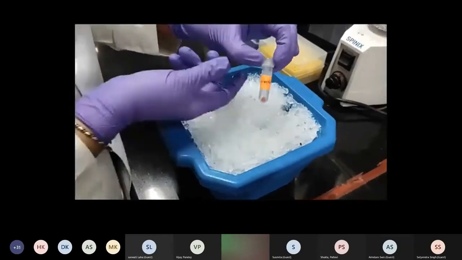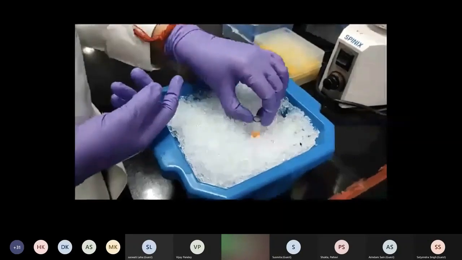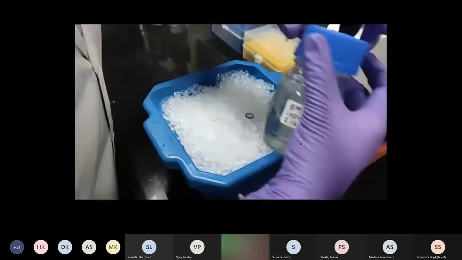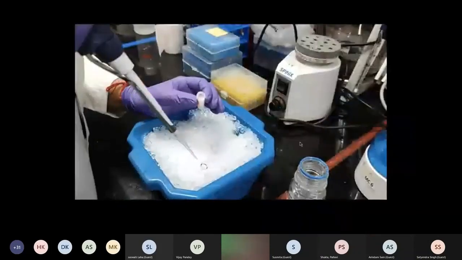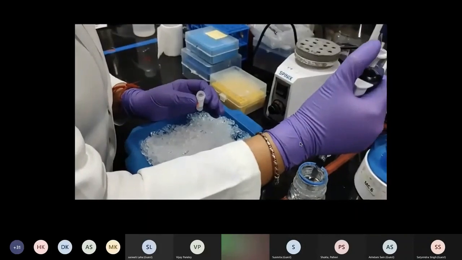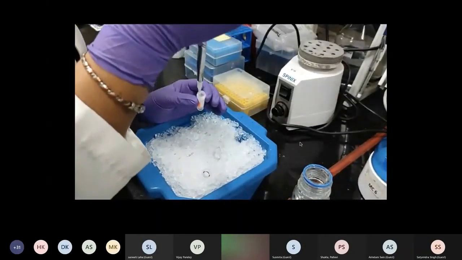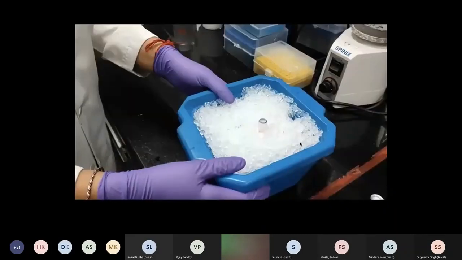Here we have an already weighed amount of tissue. For this we will use urea lysis buffer, which is 8 molar urea. An appropriate volume of this buffer is added to the tissue. It is vortexed for a few seconds and spun.